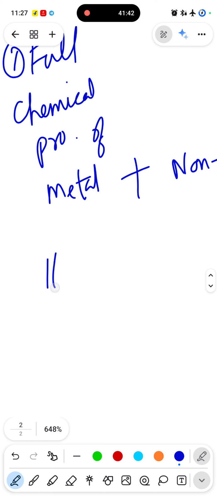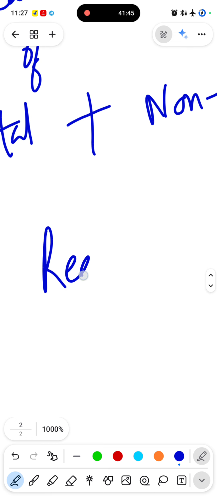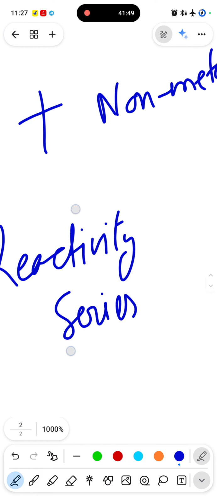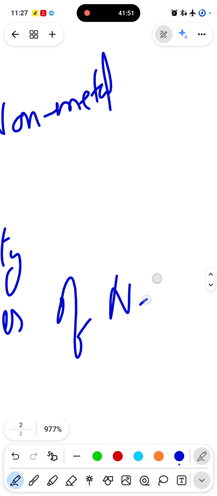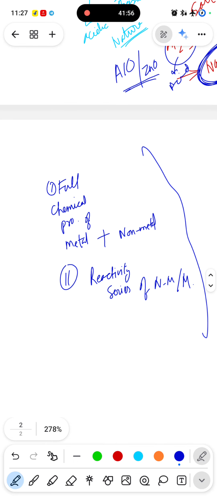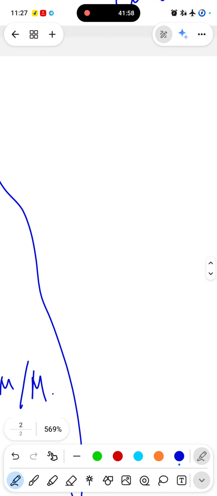Second thing we will study is the reactivity series of non-metals and metals. These two parts will be covered in our next part, that is part 2.